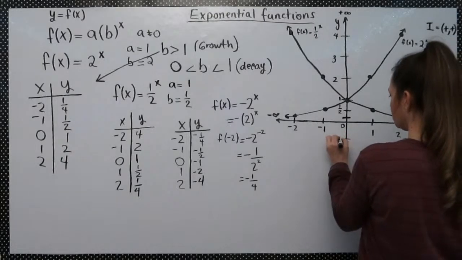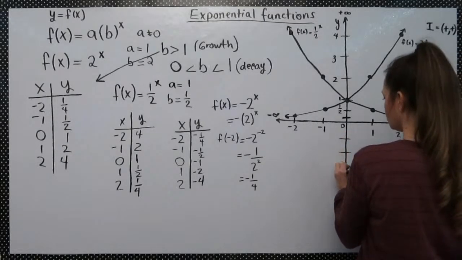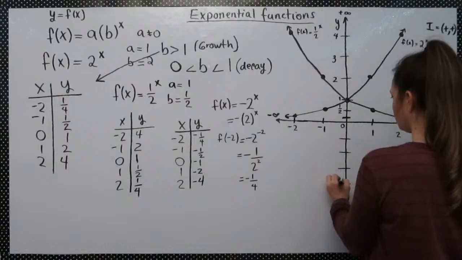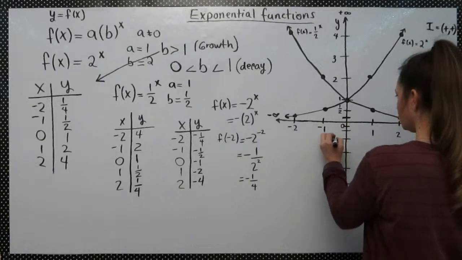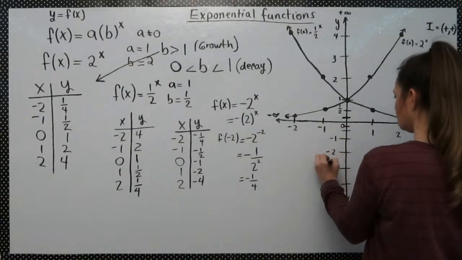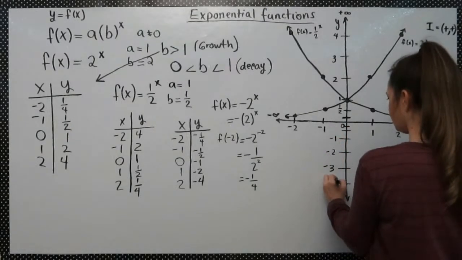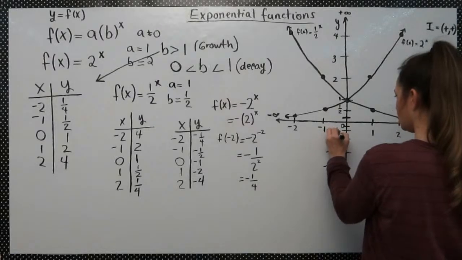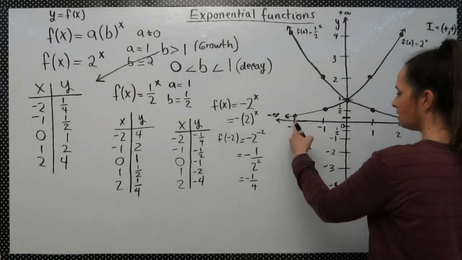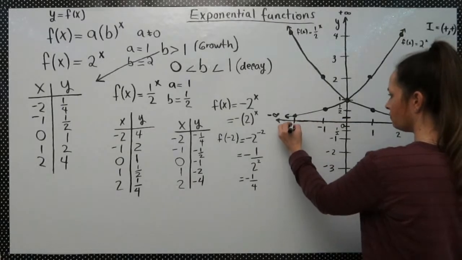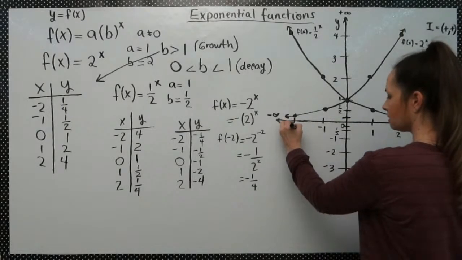We've got 1, 2, 3, 4. So that'll be half, and then that'll be a fourth. So I've got -1, -2. So at -2, we're at -1/4, which is right here.